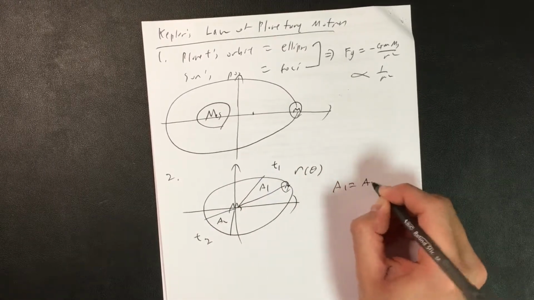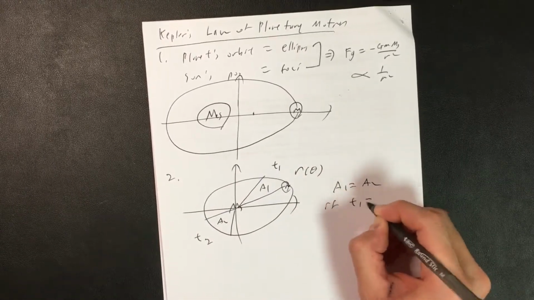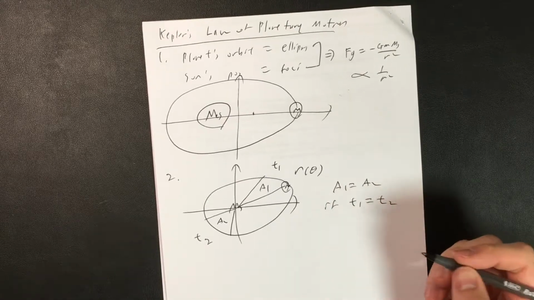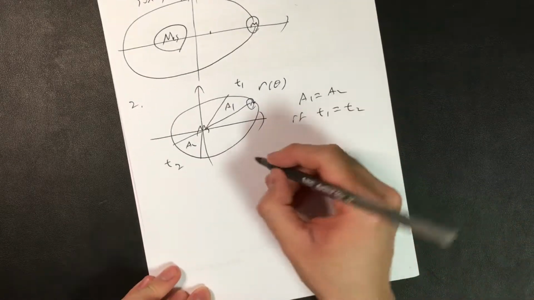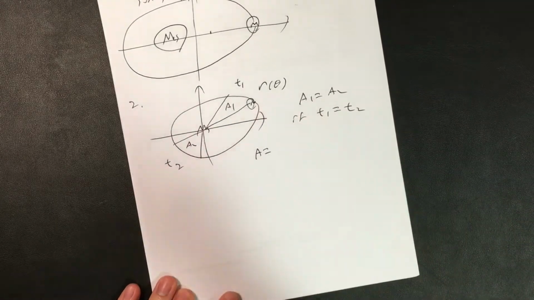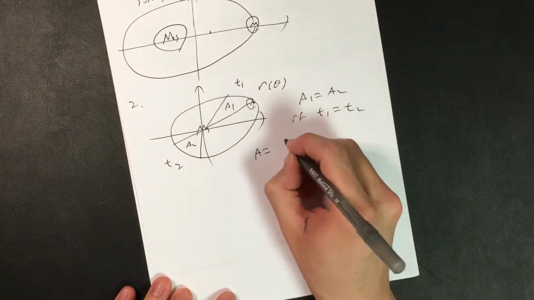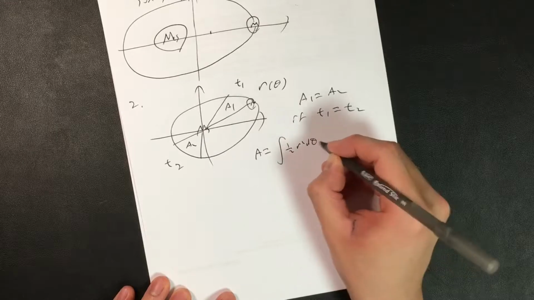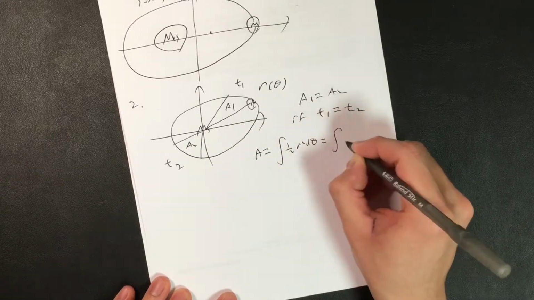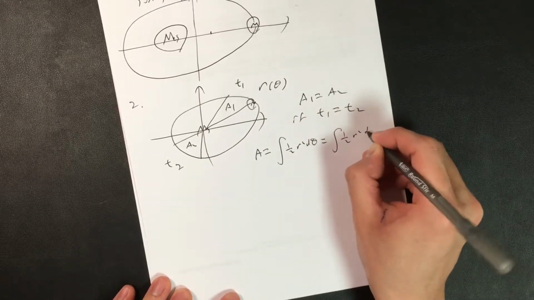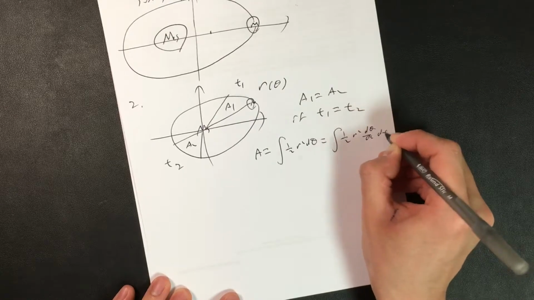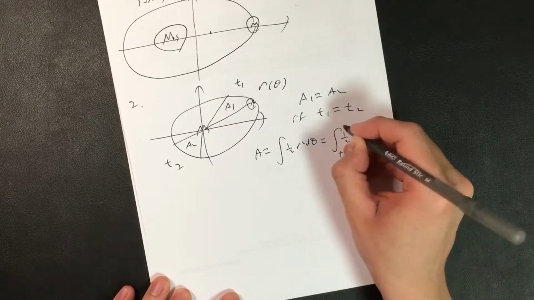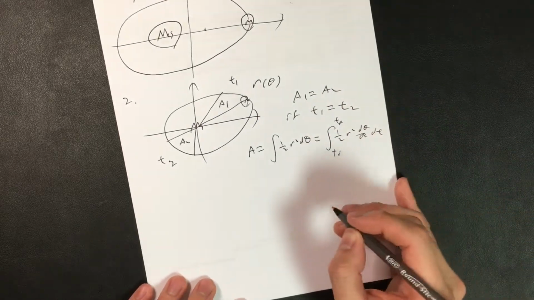Then A1 equals A2 if the time intervals t1 and t2 are the same. This is true because remember in polar functions, the area equals the integral of 1/2 r squared d theta. And from the chain rule, this equals the integral of 1/2 r squared d theta dt, from t initial to t final.